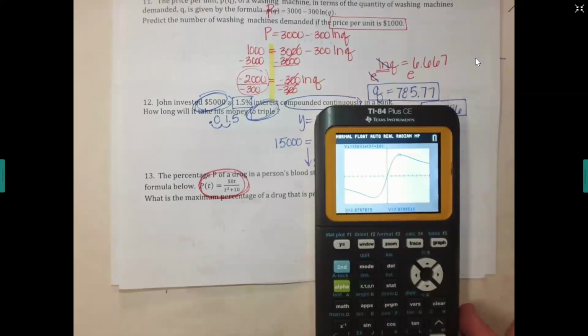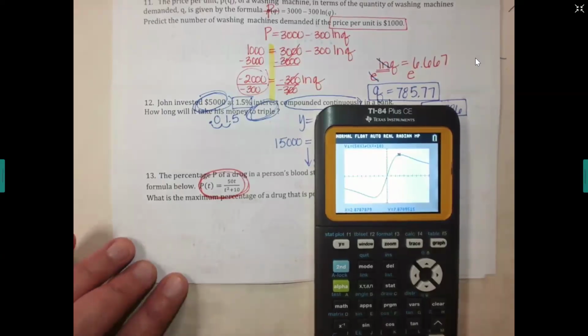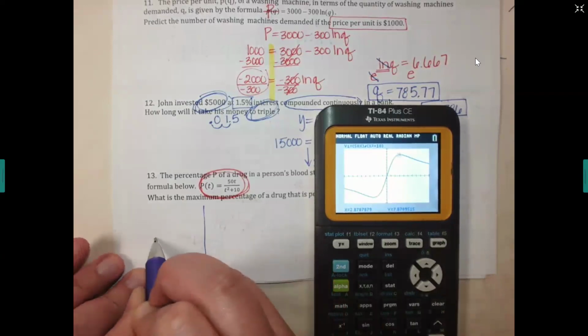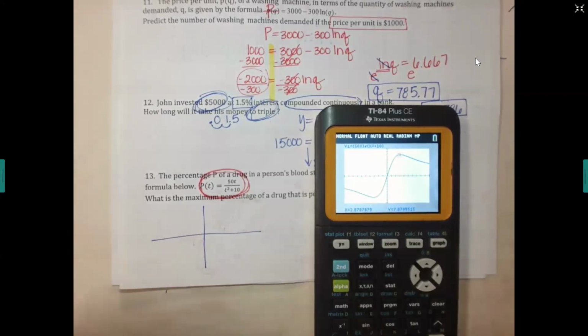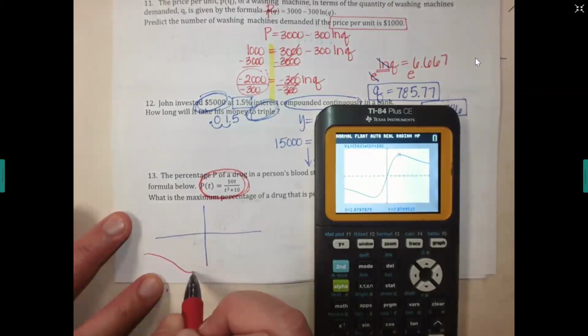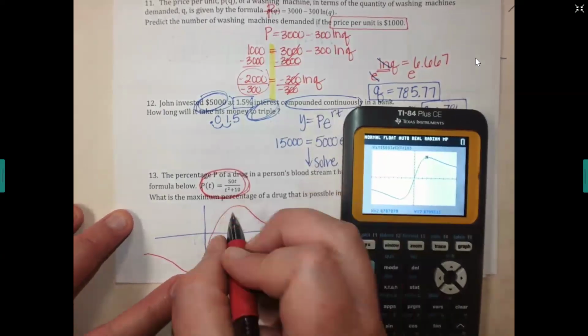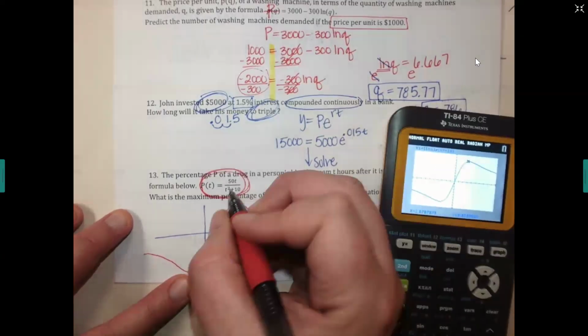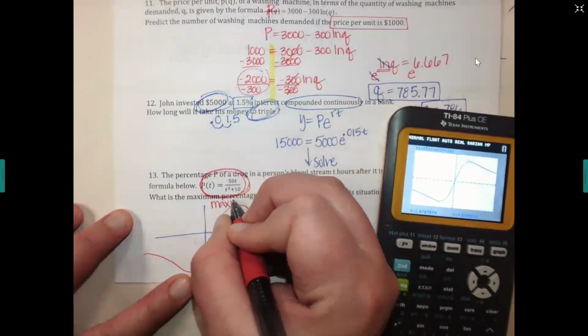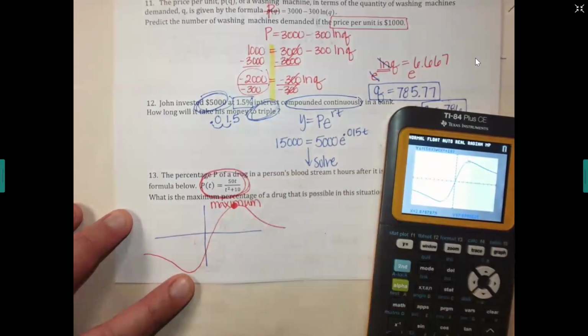Okay, so let's sketch that graph onto your page and then we'll write that number down. Your graph looks like this, kind of a little curvy down and then a curvy up. I can see that this is the maximum right here, because remember, a maximum is just the highest point.